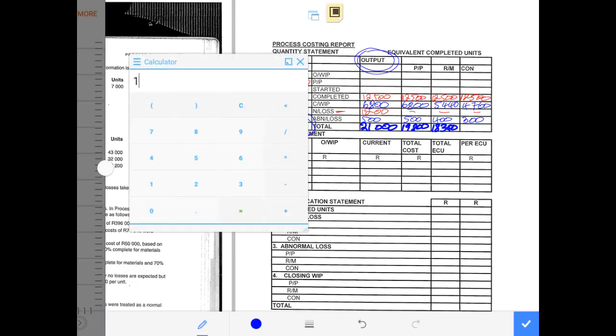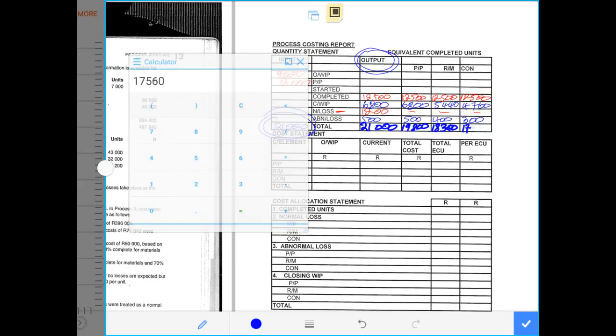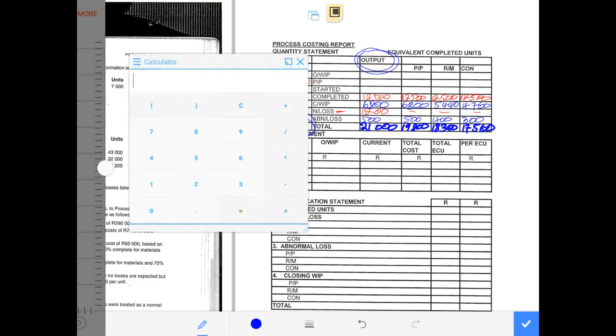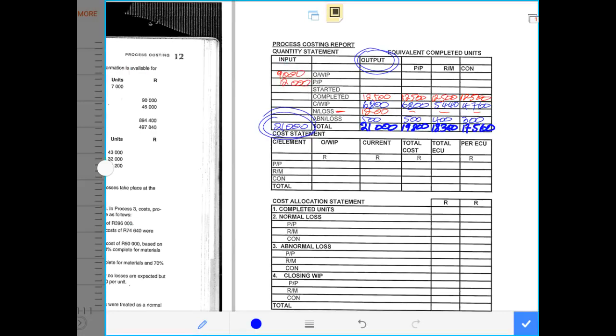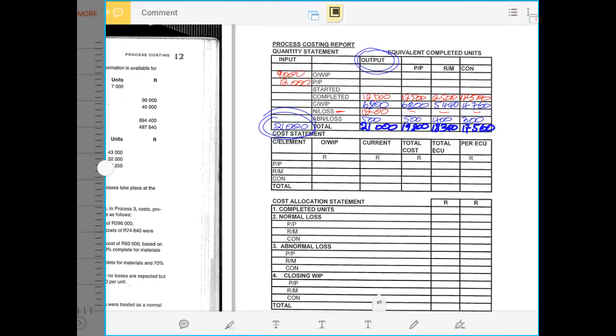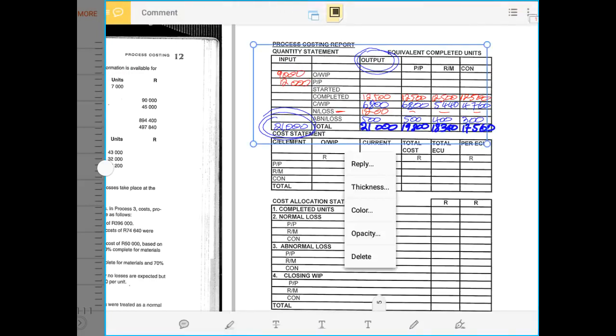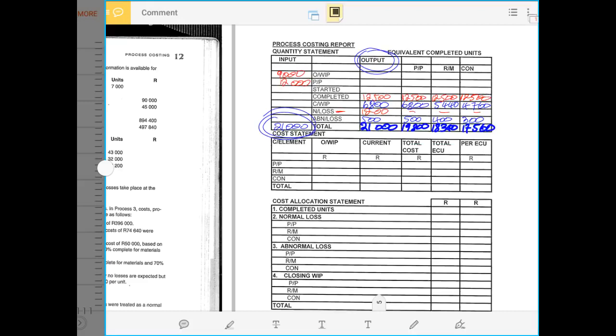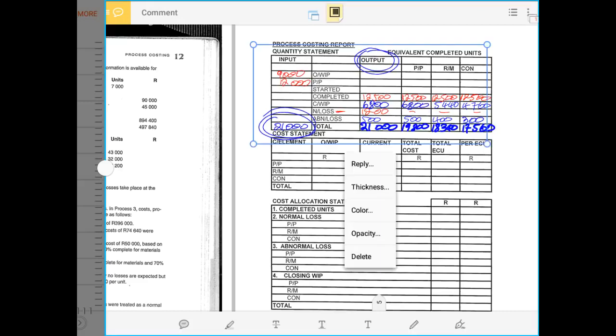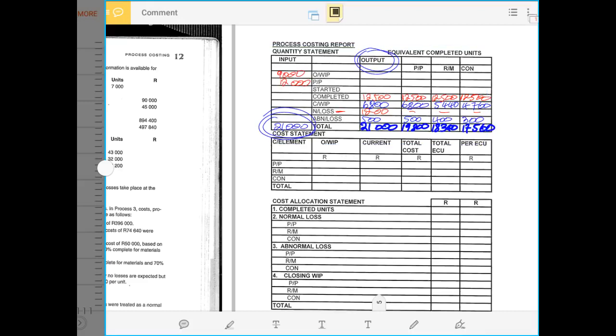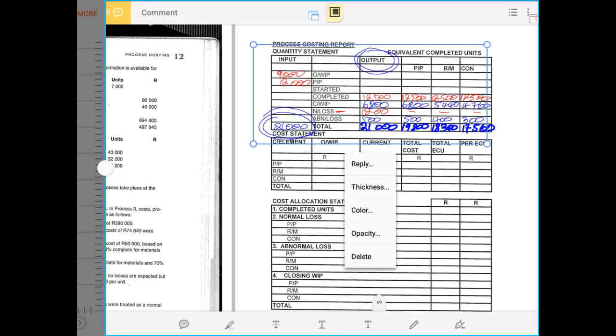Then we will have 12,500 plus 4,760 plus 300, which is 17,560. So these are the equivalent completed units that we have just done.